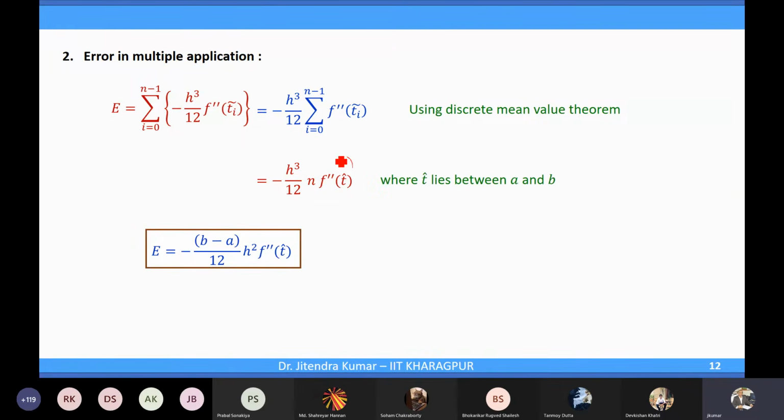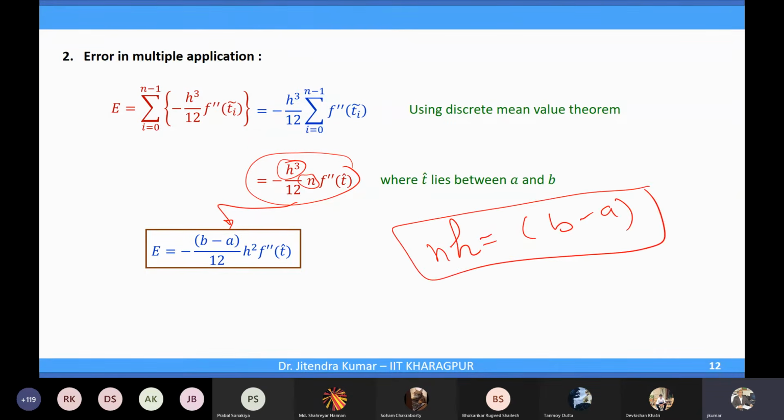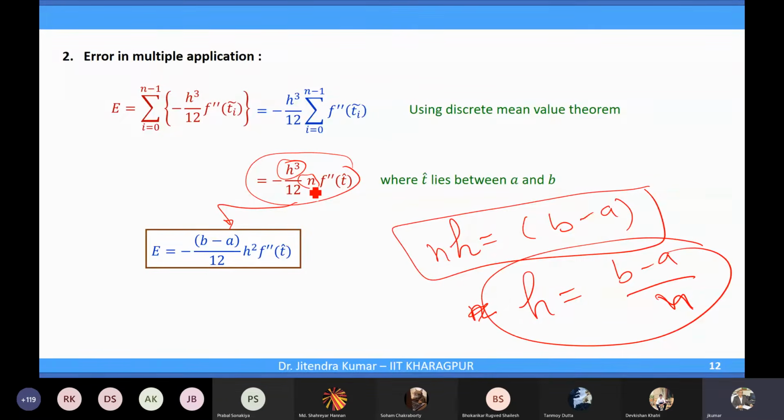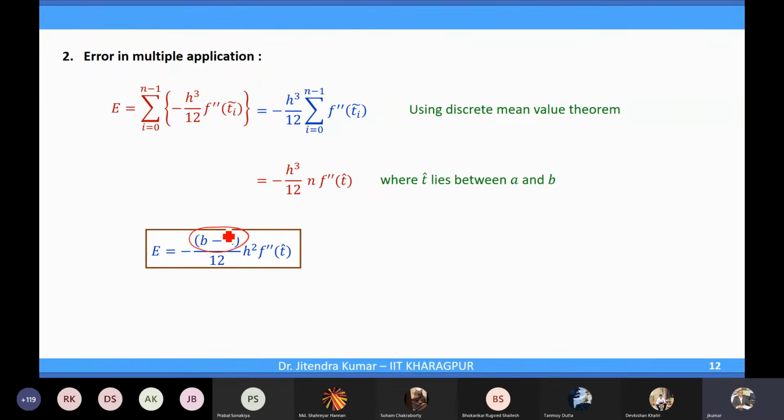This is what we have written here. n times h is nothing but b minus a, because if you divide into n intervals, then h is b minus a over n. So n and h are related, and you get b minus a divided by 12, then h square and the double derivative.